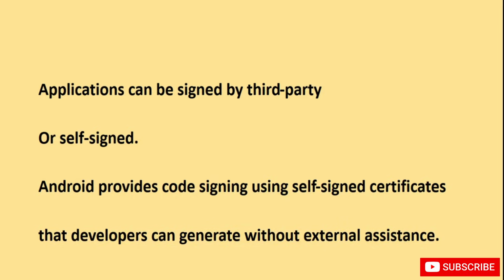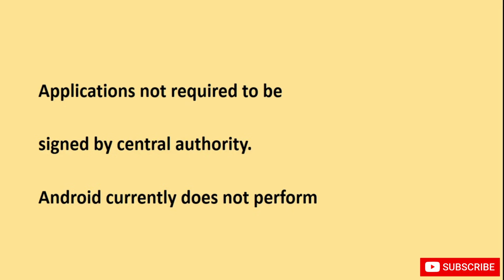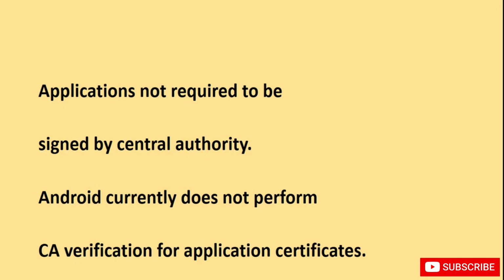Now applications do not have to be signed by a central authority, and Android currently does not perform any certificate authority verification for application certificates. That can be huge in the case of security, because it may lead to a security compromise if you don't verify the CA. Of course, it's a little bit different to scale when you provide the operating system and you have many different implementers, in comparison to, let's say, Apple, which controls all the devices, and Apple iOS is not running on other vendors' hardware.